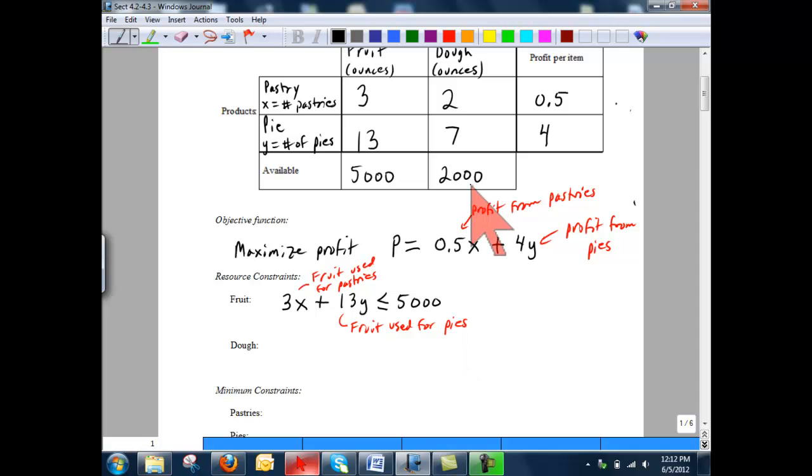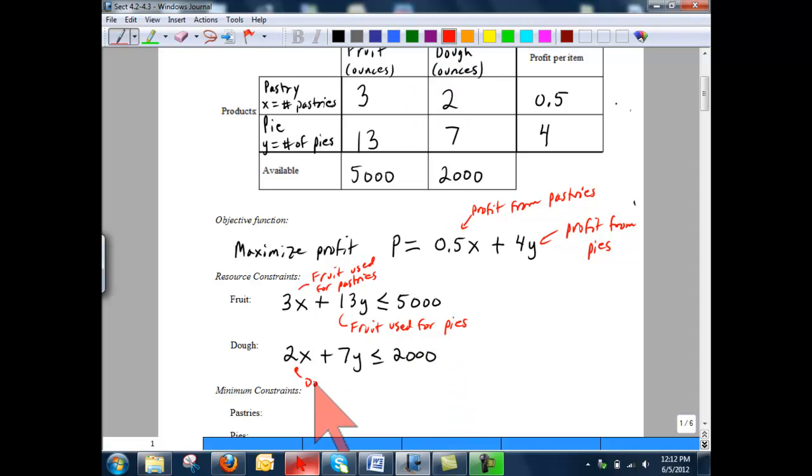There's also a limited amount of dough available, 2,000 ounces. So if I use 2 ounces of dough per pastry and 7 ounces of dough per pie, I'll come up with a mathematical expression that 2 times x plus 7 times y needs to be less than or equal to 2,000.